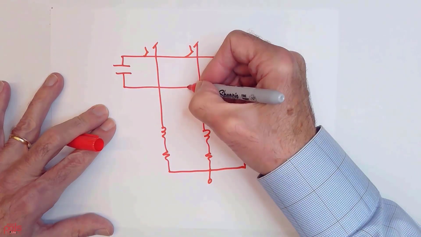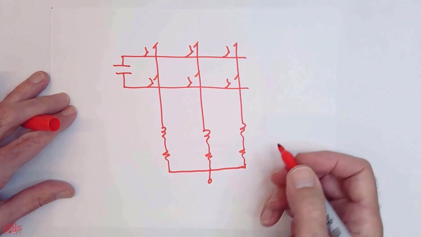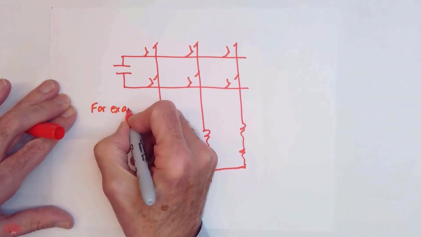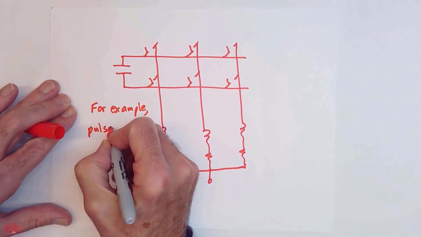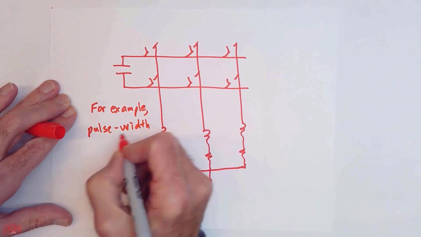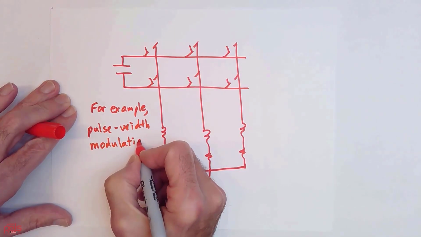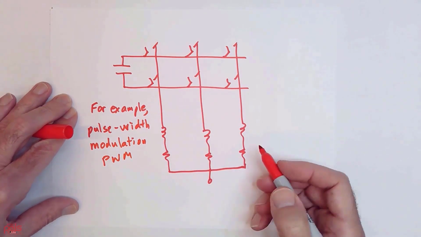And I would control these switches, for example, not exclusively, but for example, probably use pulse width modulation to do the job.